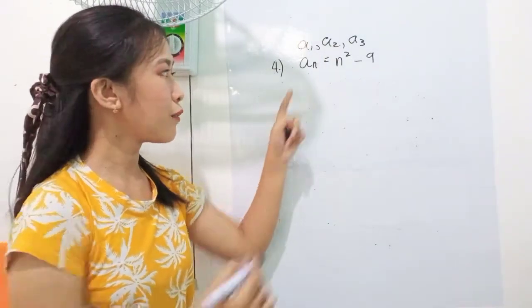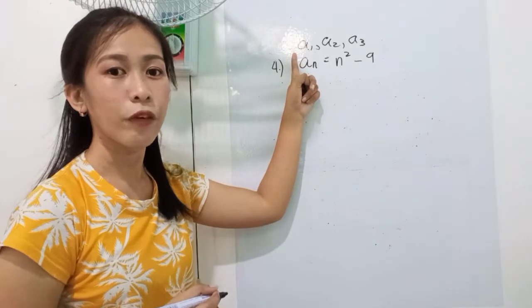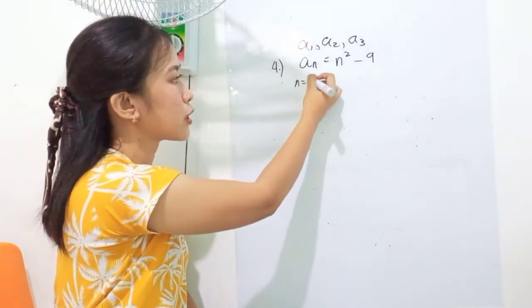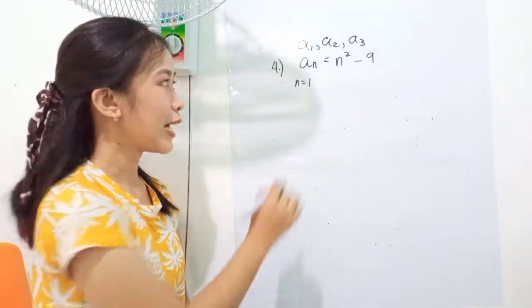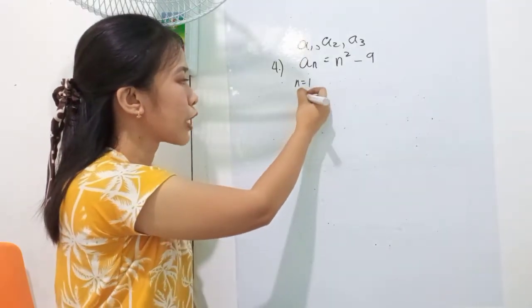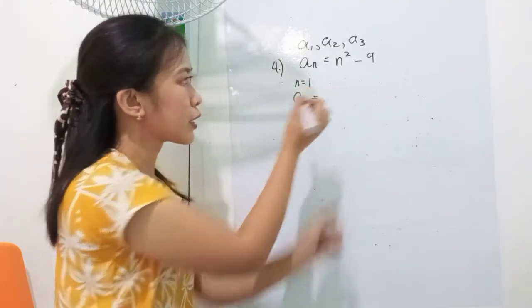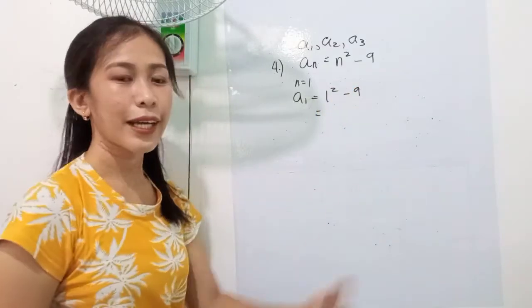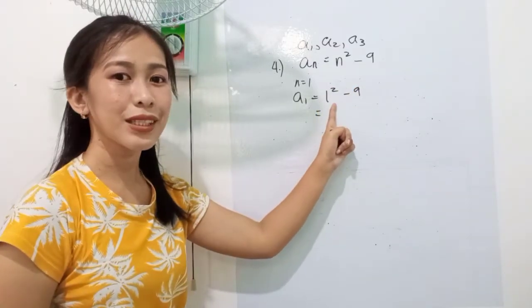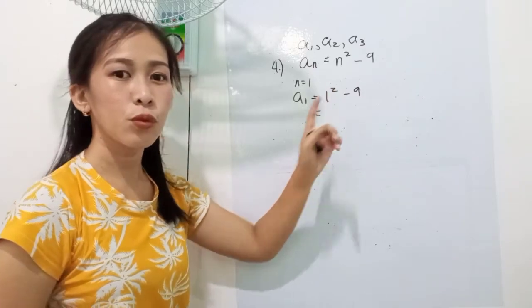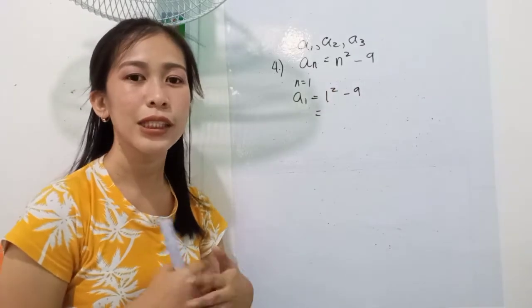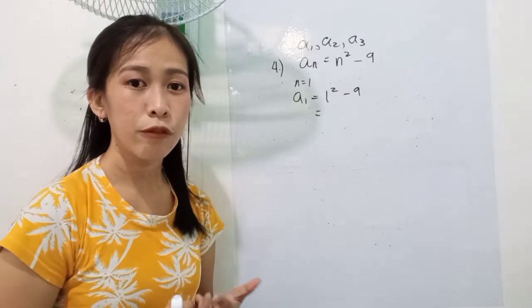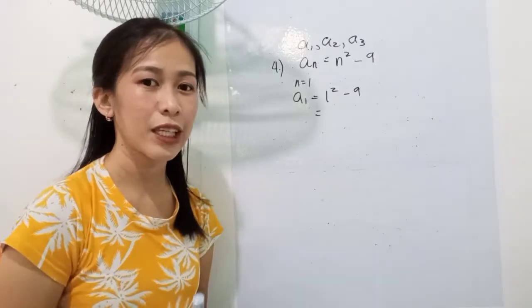Okay? So, we have, of course, to find a sub 1 first. Therefore, n is equal to 1. Alright? And then, substitute the value of n to the equation. A sub 1 is equal to 1 squared minus 9. Okay? And then, 1 times 1, since it is exponent of 2. Ito palagi kong sinasabi sa inyo, when we are dealing with the exponent, madami pa din yung nalilito dito, no?